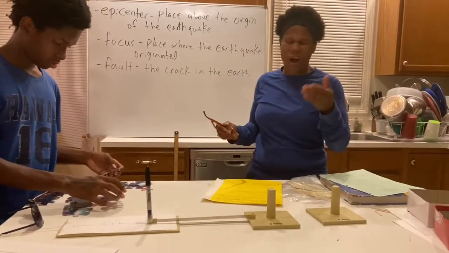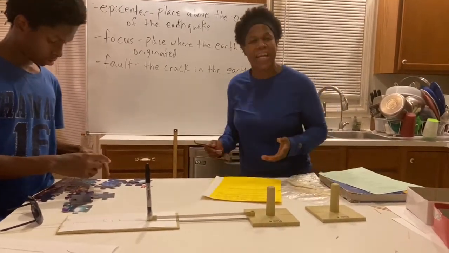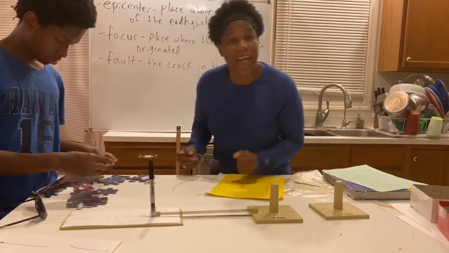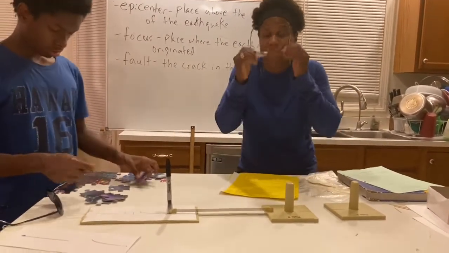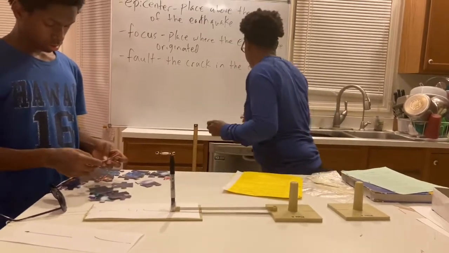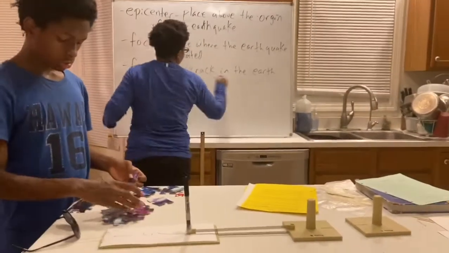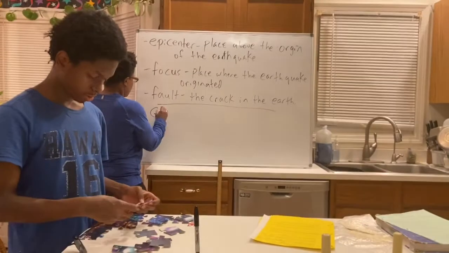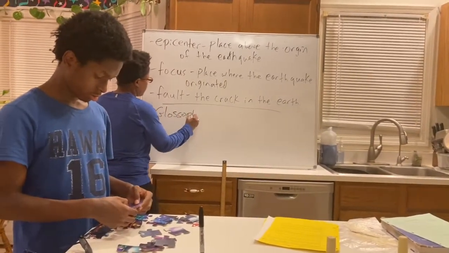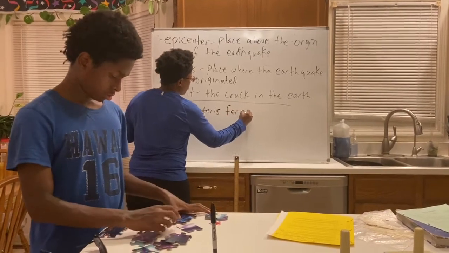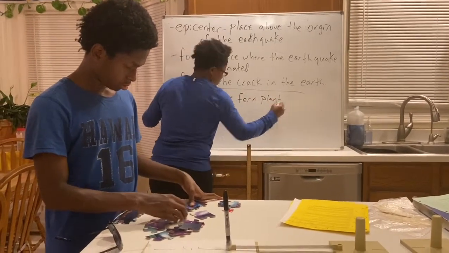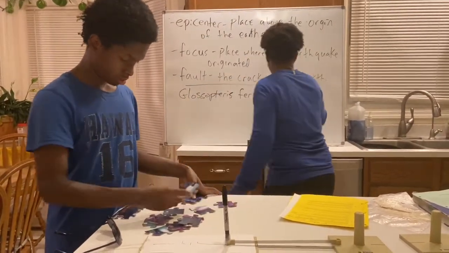We have cold weather in Antarctica, exactly. Now, if it's cold, and Captain Robert Scott found a Glossopteris plant. Put this on the board. He found a Glossopteris fern plant in Antarctica.